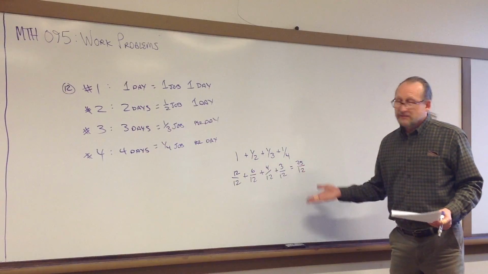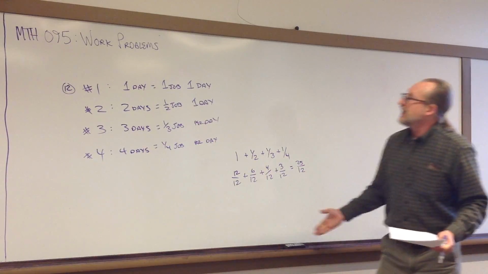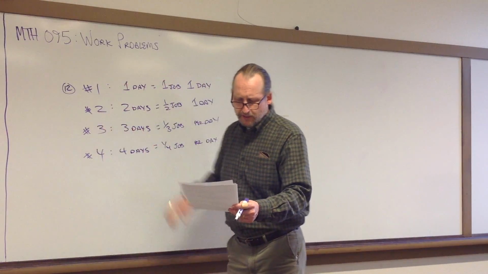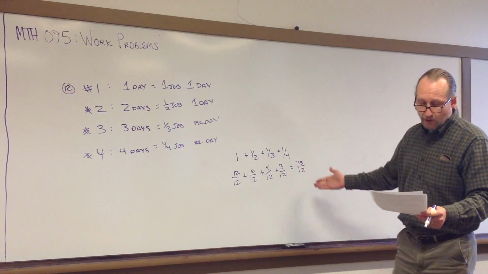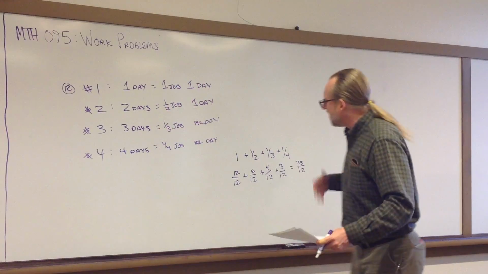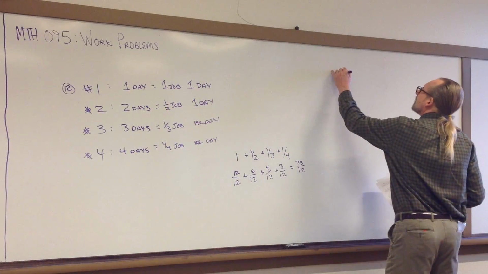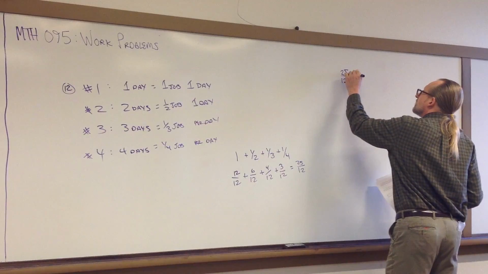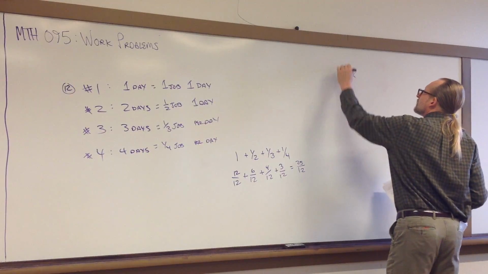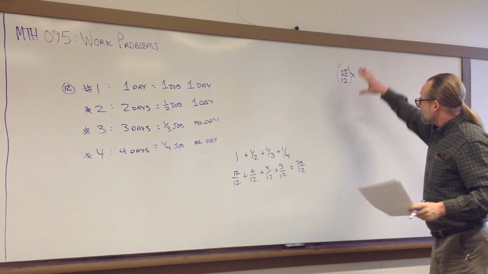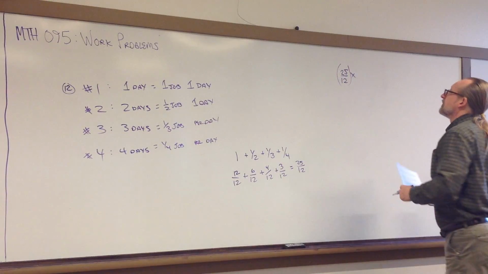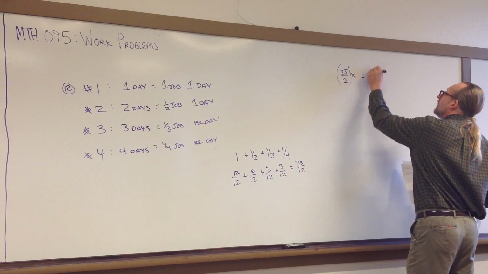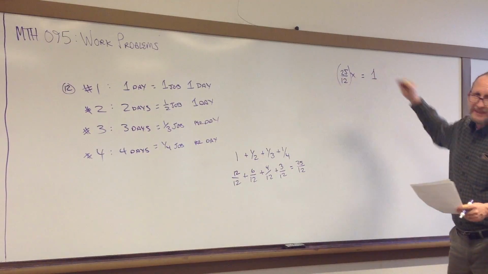So you can complete more than 2 jobs every day if you run these things. You can fill the tank more than twice over if you're running all these things at the same time. But notice that when we set this up times the number of hours, so this is how many tanks can be filled per day, and then we times it by the number of days, and in the end we only want 1 tank filled.